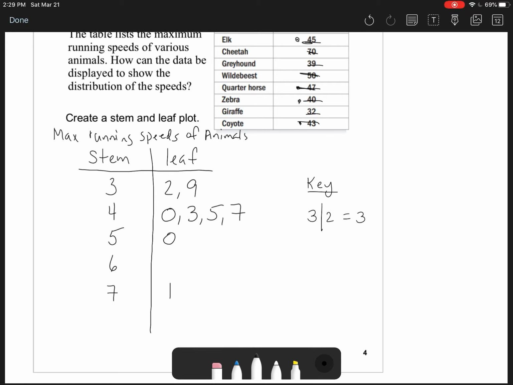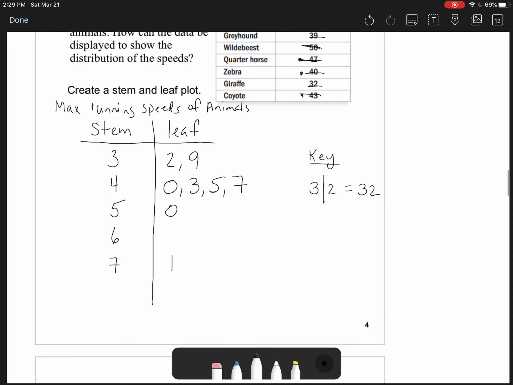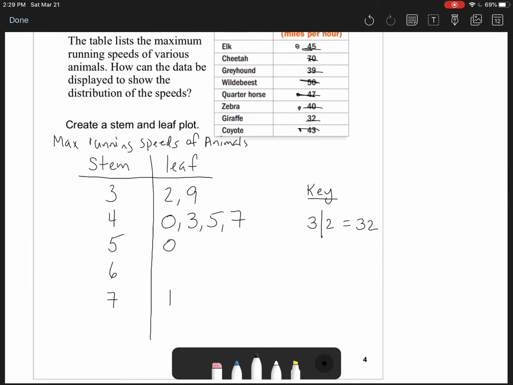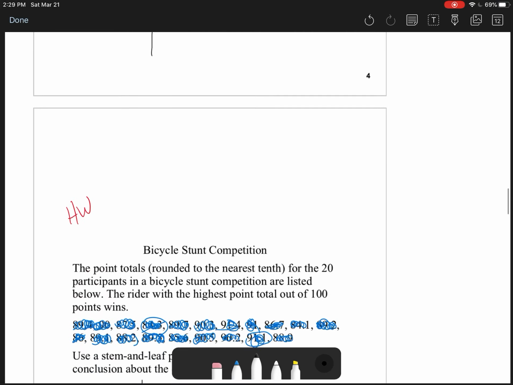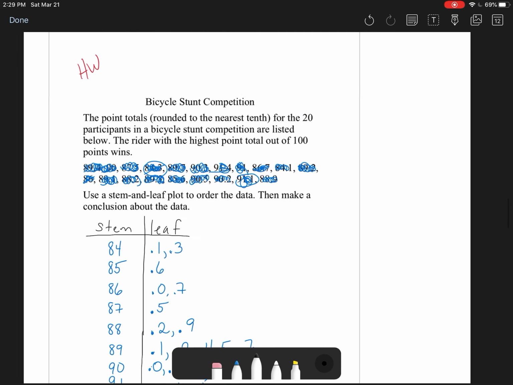I'm going to put here 3 and then 2 equals 32, because I want my readers, or whoever's looking at this, to know that that's equal to 32, not 32,000 or 32 million or another number. And that's it for your stem and leaf plot.